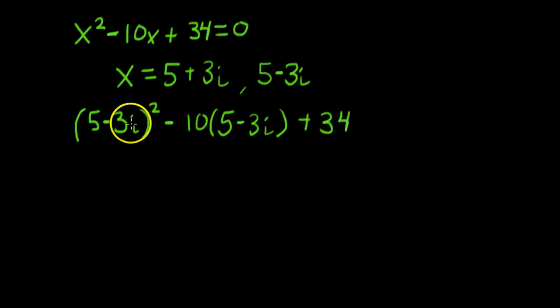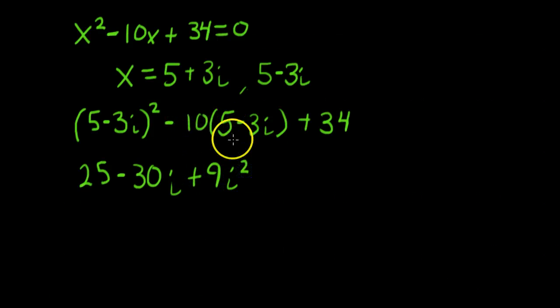The first thing we need to do is square this out, which is like squaring a binomial. We first square the first term, which is 25. Then negative 3i times 5 is negative 15i, and doubling that gives negative 30i. Then squaring negative 3i gets us positive 9i squared.